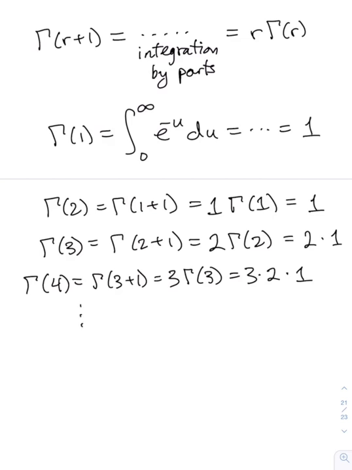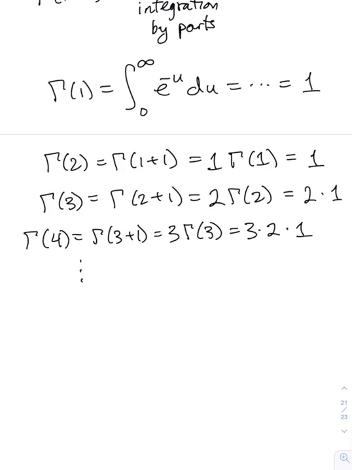Gamma of 5 is going to be 4 times 3 times 2 times 1. In other words, gamma of n plus 1 is just n factorial if n is an integer. So the gamma function can be thought of as an extension of the factorial function. Factorial only makes sense to apply to an integer, whereas gamma, you can apply it to any positive real number.